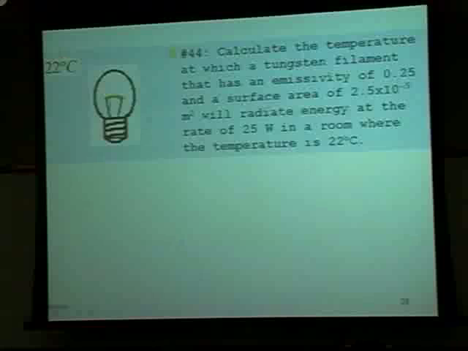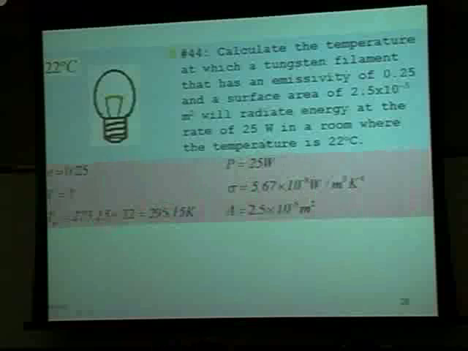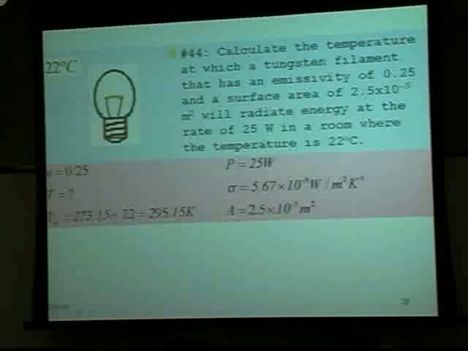We have a filament, very small surface area, 2.5 times 10 to the minus 5 square meters. We're given the emissivity, 0.25. Temperature of the room is 22 degrees Celsius. And we're given the rate of energy transfer, 25 watts or 25 joules per second. So we know everything but the temperature of the tungsten filament itself.